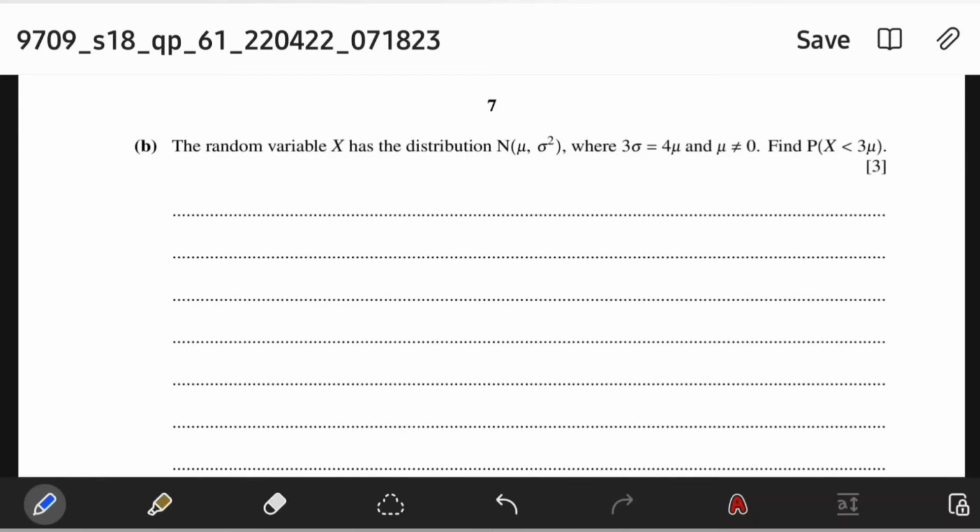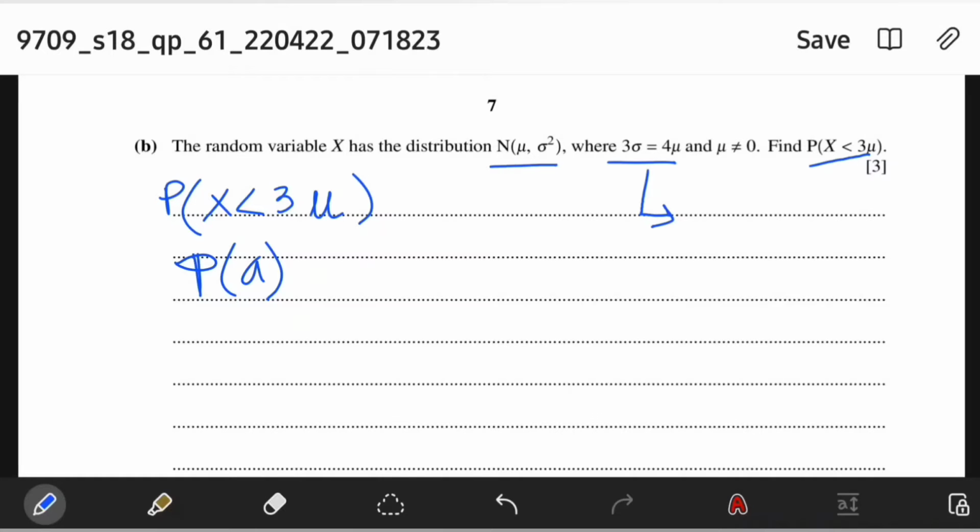The random variable x has the distribution where this is given and the mean is not equals to 0. Find this. Okay. So let's write it. What would be the formula? Phi A. But first we need to work with this.